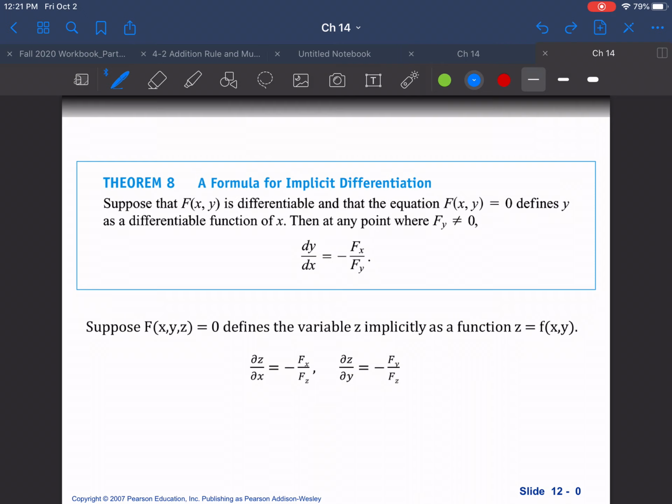Then at any point where the partial derivative of f with respect to y does not equal 0, we can say that our implicit derivative is simply the negative of the ratio of our partial derivatives. So we can do this, and it can work out to be a lot simpler. And then of course we can extend this to doing it for z with respect to x, and z with respect to y, rather than just y.